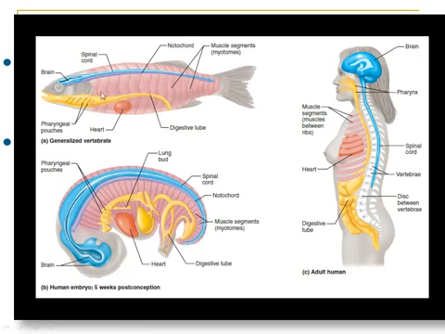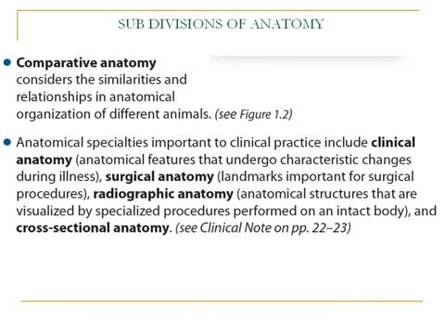Like this is the gastrointestinal tract where we can see the pharyngeal pouches, and pharyngeal pouches are present also in the human, which are going to form the structures of the head and neck. So you see the primitive topography of other animals and the adult human carry similarity, and these similarities between primates and human beings are studied in comparative anatomy.